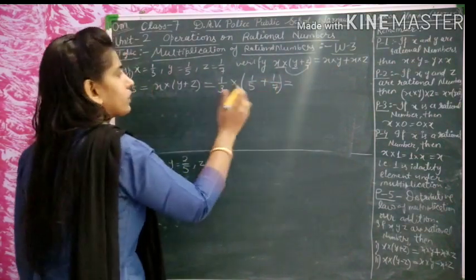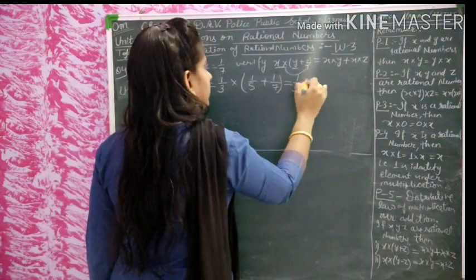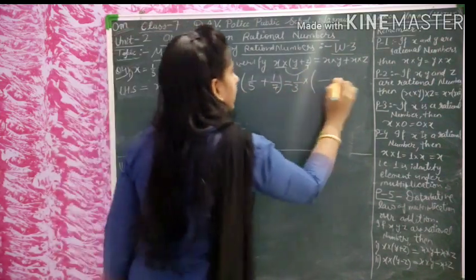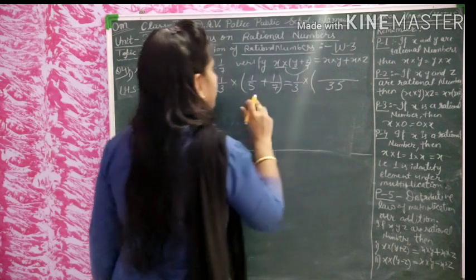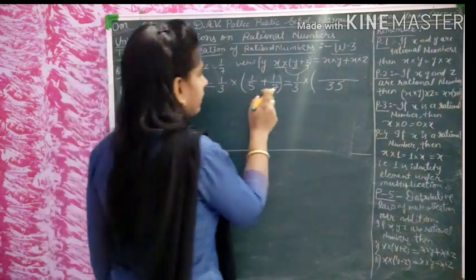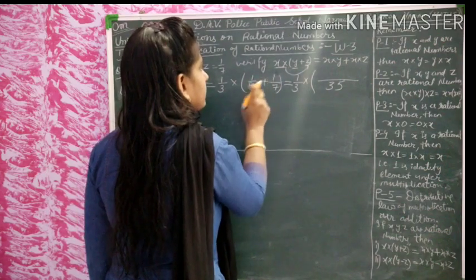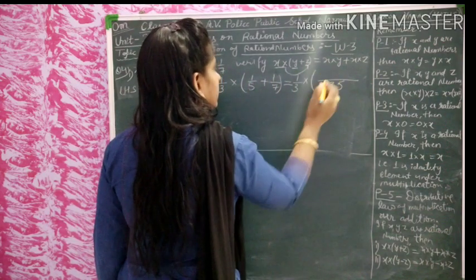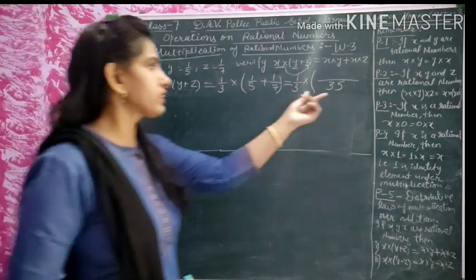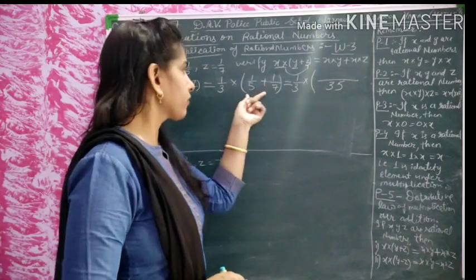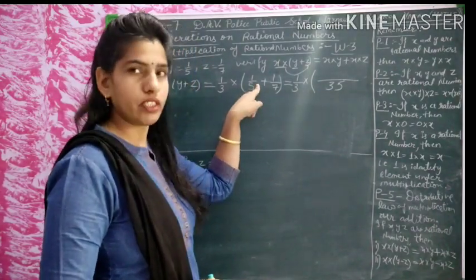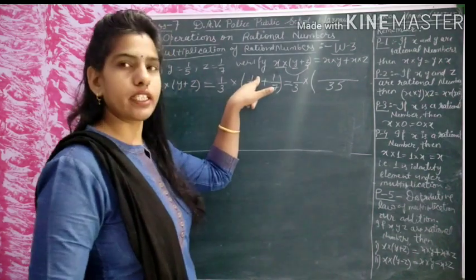Now students, we are looking at this 1 by 3 into, we are seeing the LCM is 35 here, and what will we get here? 35, 7 1 is 7 and plus 1 5 is 5. To make it 35, we are multiplying by 7. So it will get the 7 here.